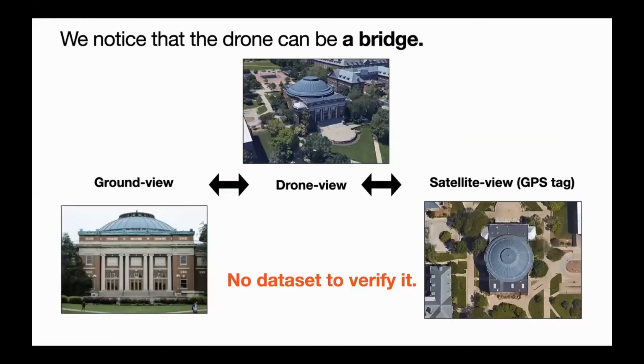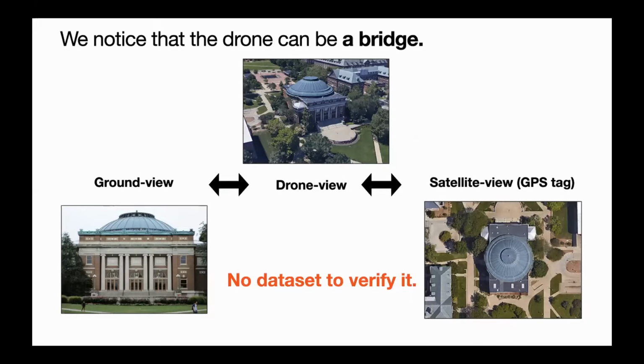In our paper, we noticed one very straightforward idea: the drone can be a bridge. From left to right, the ground view image shares some parts with the drone view image, and the drone view image shares some roof with the satellite view image.